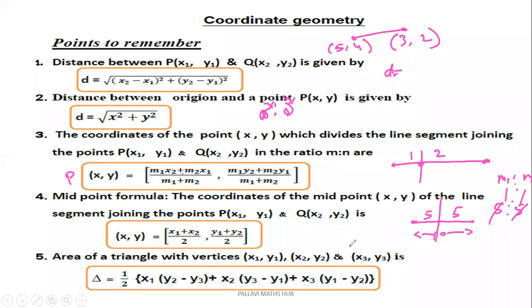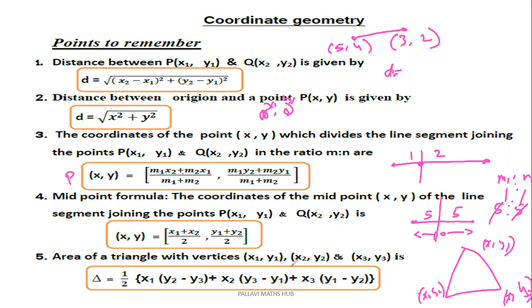Next, area of the triangle with vertices (x1, y1), (x2, y2), (x3, y3). This is x1, y1. This is x2, y2. This is x3, y3.